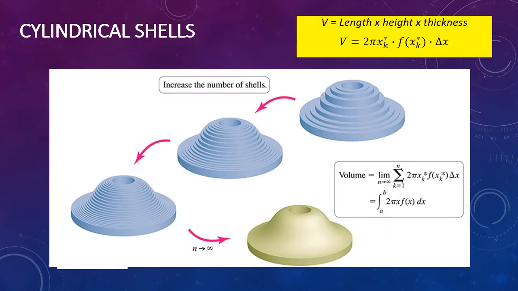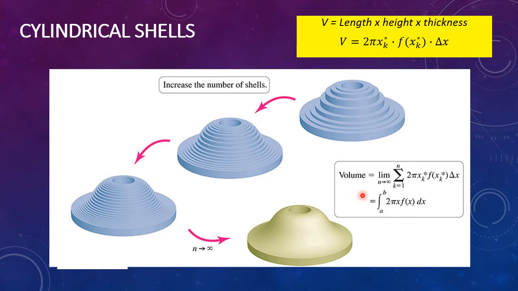Just as we've done in the past, we're going to increase the number of shells. We're going to increase n to infinity. And you can see as we increase the number of shells, what we end up getting as n goes to infinity is our integral form of calculating the volume of a shell figure.